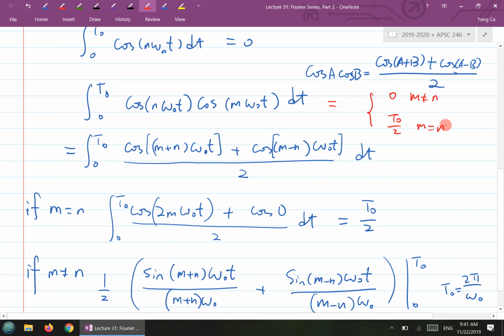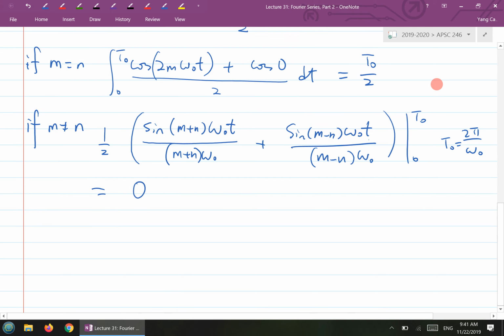So again, it shows the orthogonal property. As long as n and m are different, you're not dotting each other, essentially. Remember, orthogonal is like a dot product of two vectors. When you dot two perpendicular vectors, you get 0. So that's a proof here.